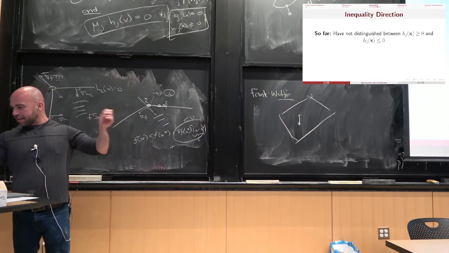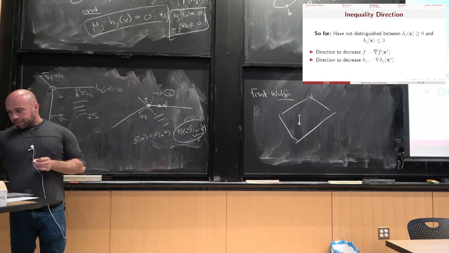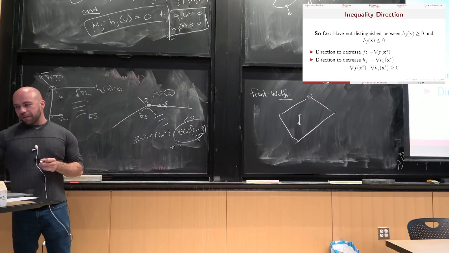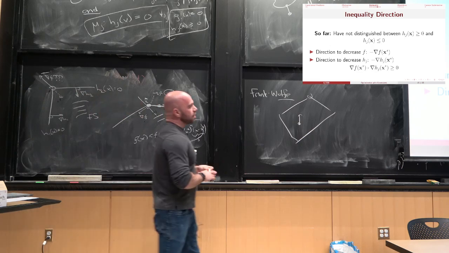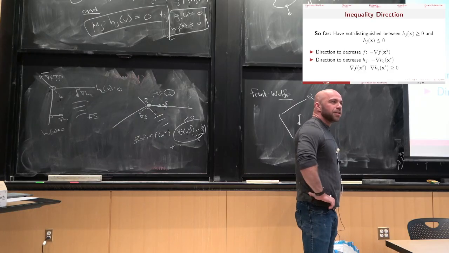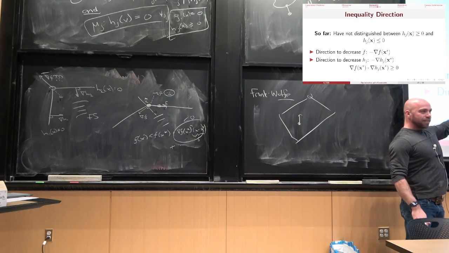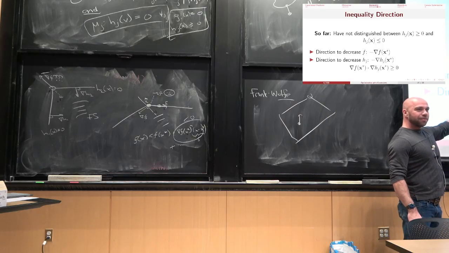Okay, so far we have these conditions. We haven't distinguished between these cases. And so essentially, here's a fun fact if you think about it. This is again a necessary but not sufficient condition: if I think about the direction that decreases f, that's minus grad f, right?